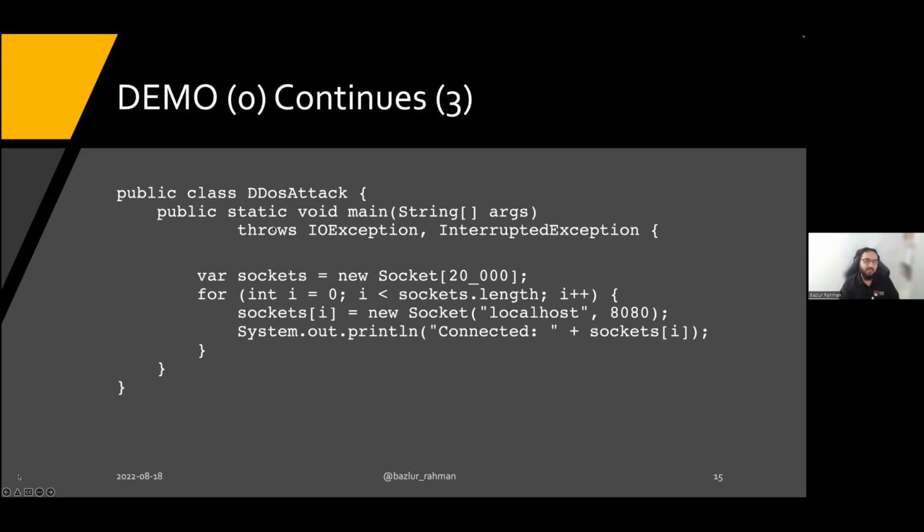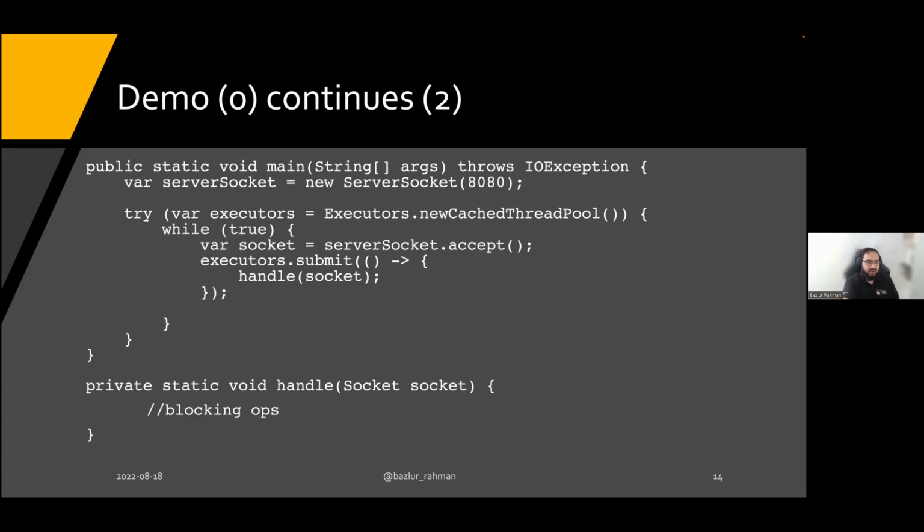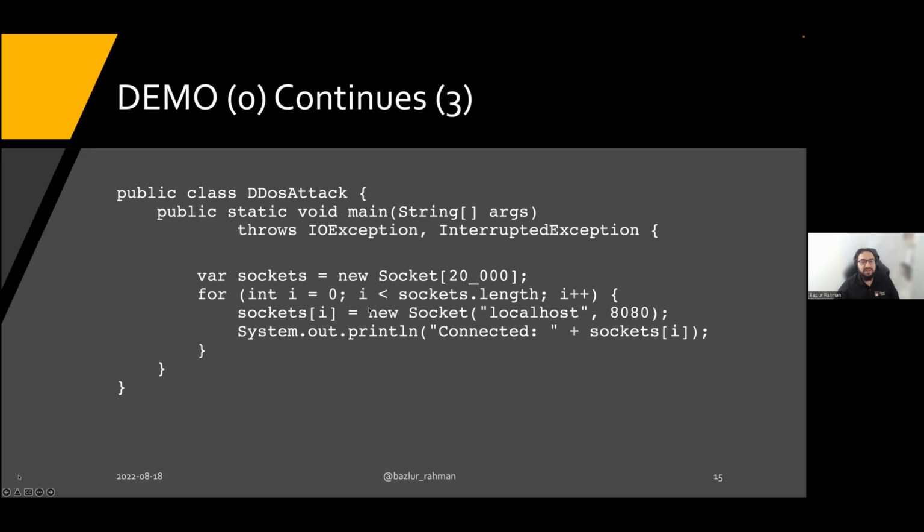It's a basic program. You can try it out on your machine. I'll keep running this server, and then I'll start this program. What this program will basically do is, let's say, create 20,000 sockets and try to connect to that basic server.